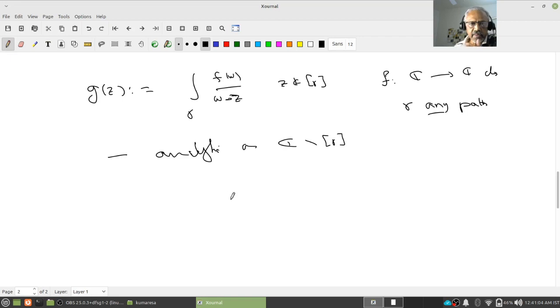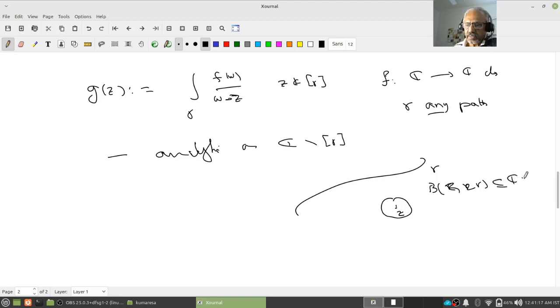We also proved something important. I had a gamma and I have a z, and let's look at some r so that B(z, r) is contained in C minus gamma. Then this is B(z, r), this is your gamma_r. This is 2r and this is just r.